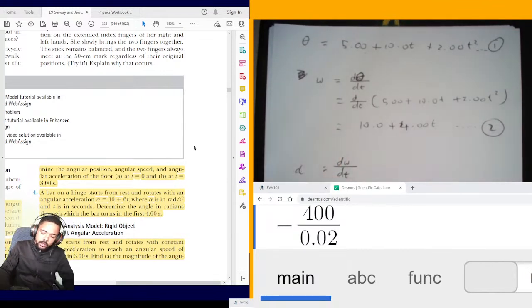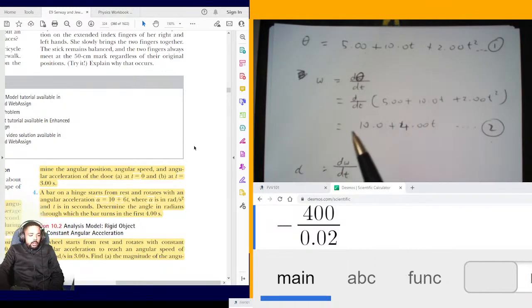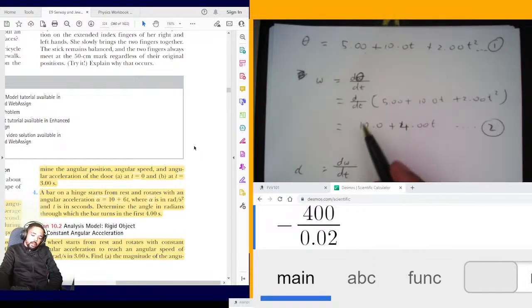Now you can just plug in 0 and 3 everywhere you see a t, and that will be your answers. The angular acceleration at 0 seconds will be 4 rads per second squared, and at 3 seconds it will be 4 as well.